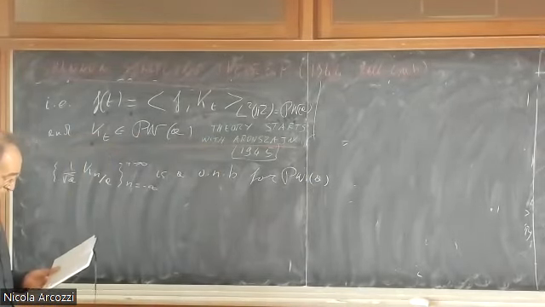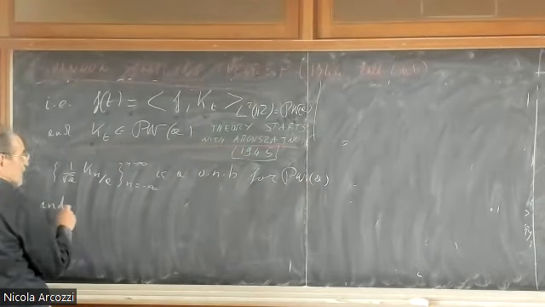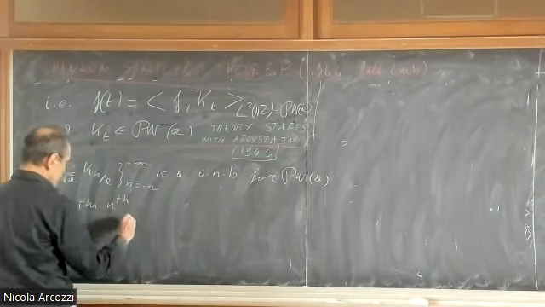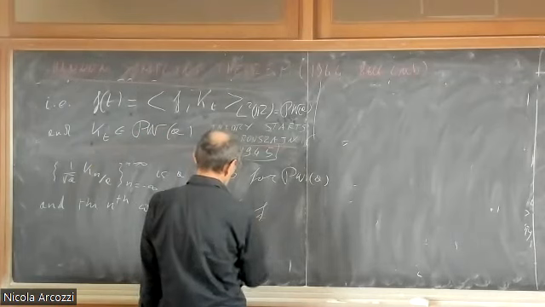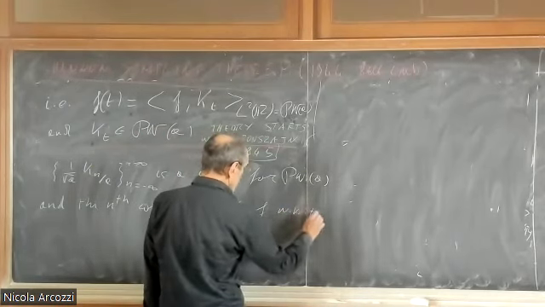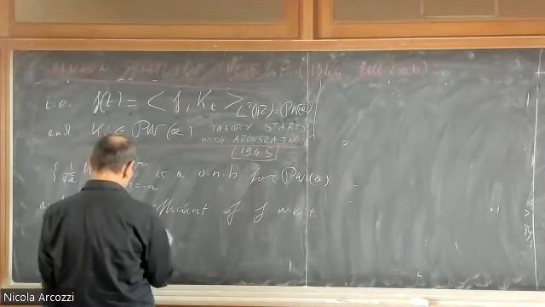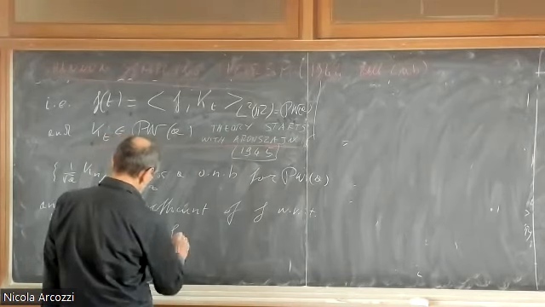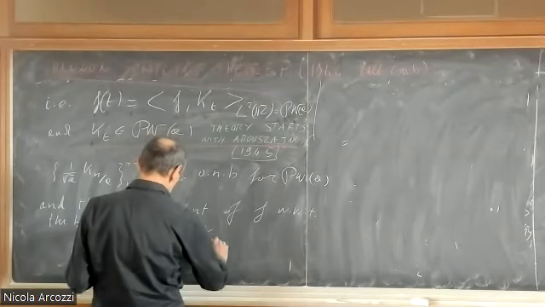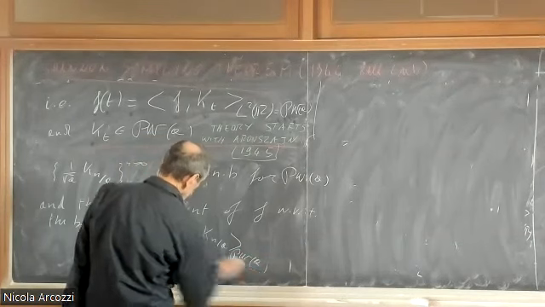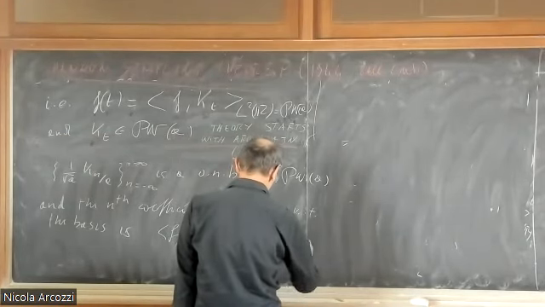And so the Fourier coefficient of f with respect to this basis is the inner product between f and 1 over square root of a k n over a in L2 or in the Hilbert space, which is 1 over square root of a times f of n over a.